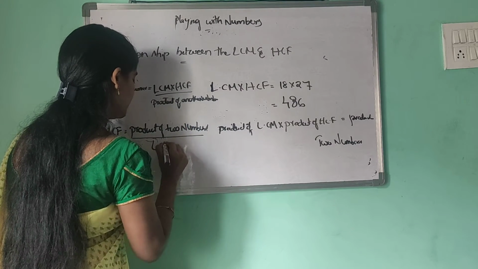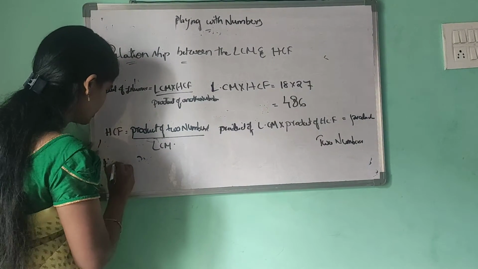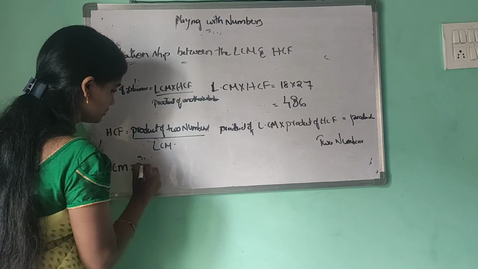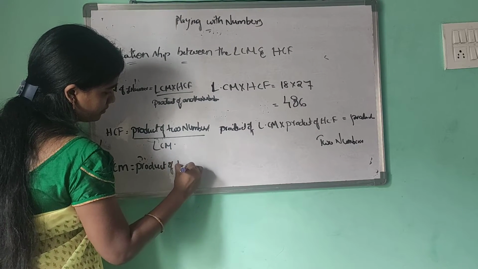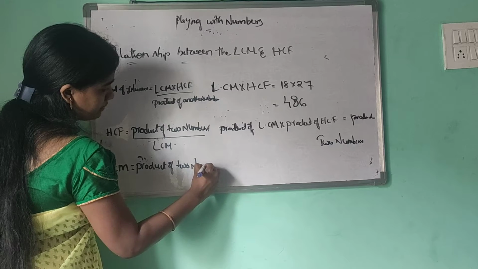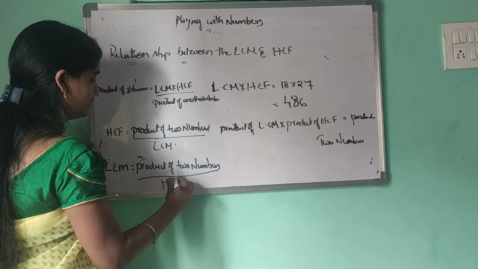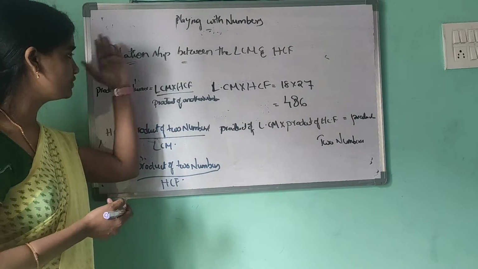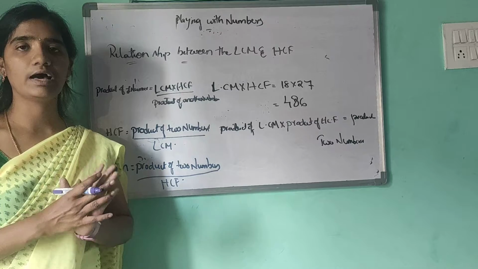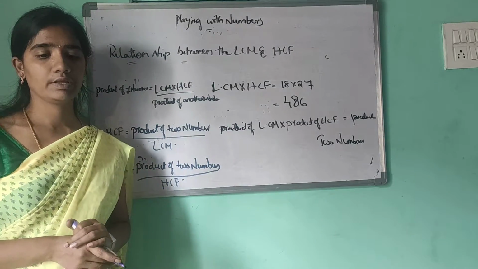If you have to find the LCM, LCM is equal to the product of the two numbers divided by the HCF. In this way, by using these formulas, we have to find the solution to the given problem. Let's see.